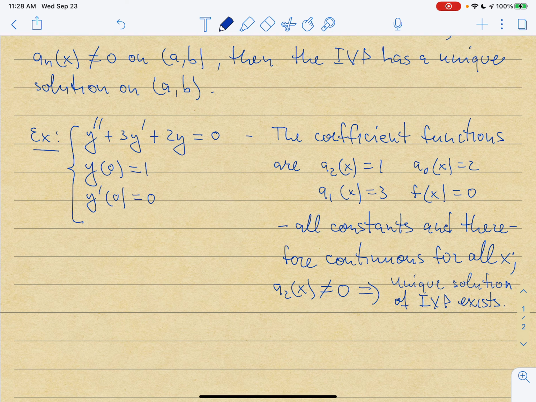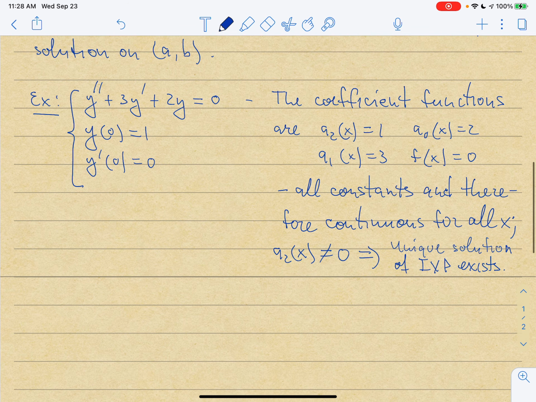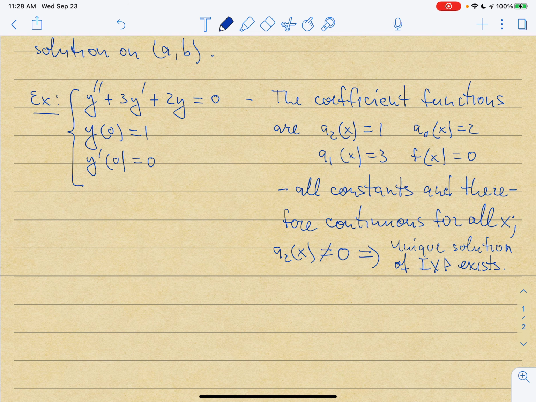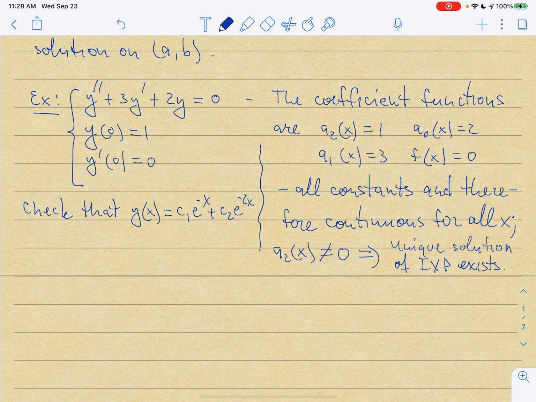Okay, so since I know this, suppose that now someone told us that y of x equal to c1 e to the minus x plus c2 e to the minus 2x is a solution of this ODE.